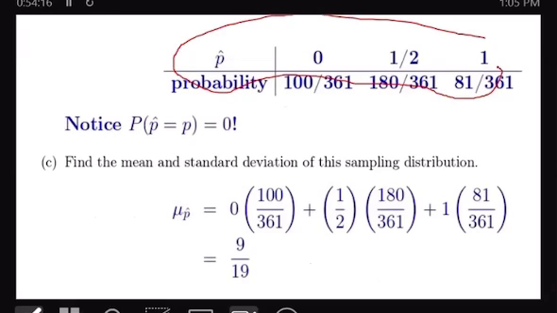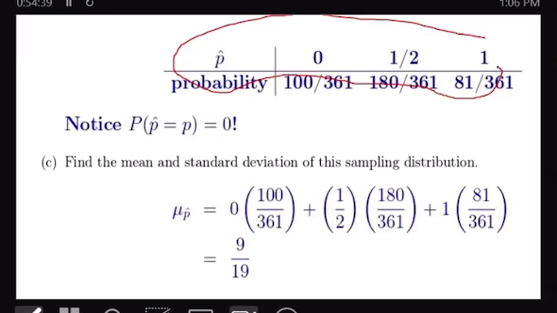There's a difference between probability distribution and sampling distribution. The probability distribution is the distribution of your data set initially, the distribution of the population. And after you are done with your statistic, what you have now is sampling distribution.